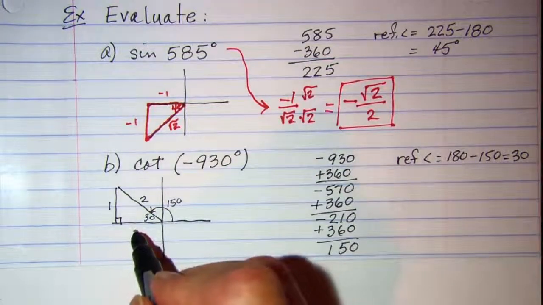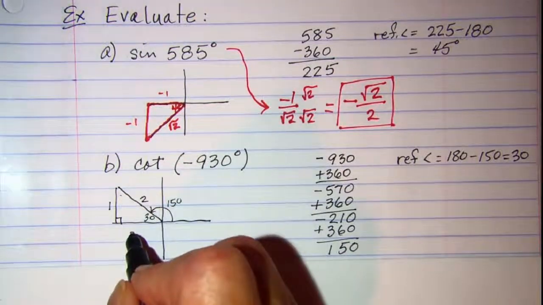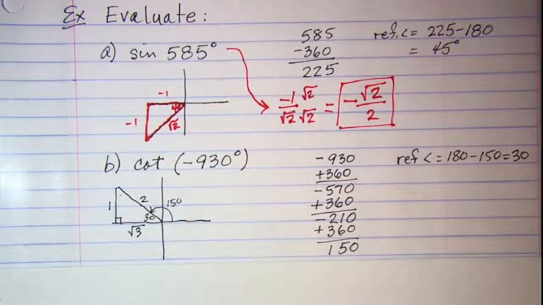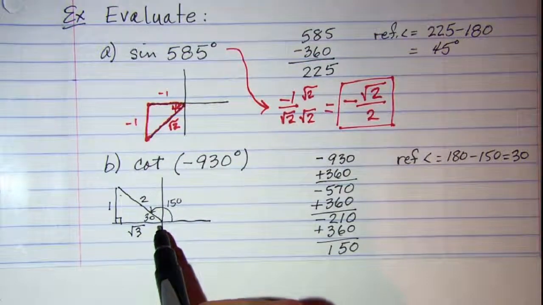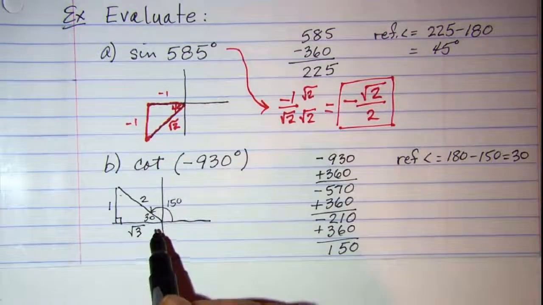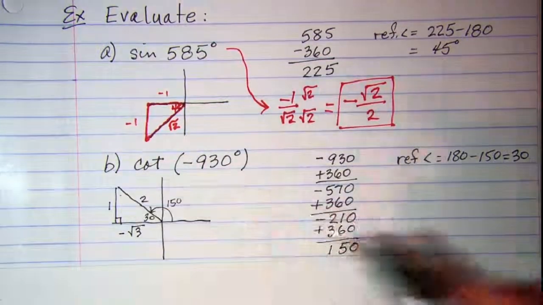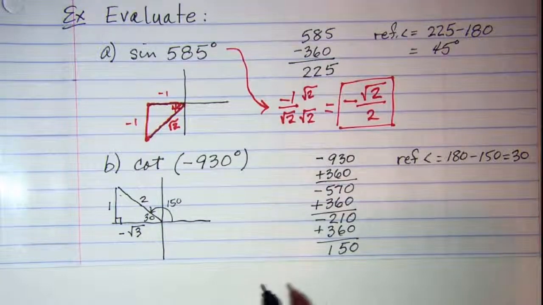And the side opposite the 60, and there's my 60, will be half the hypotenuse times the square root of 3. So 1 square root of 3. Since our point here is in quadrant 2, left is negative and up is positive, so the x coordinate is negative.